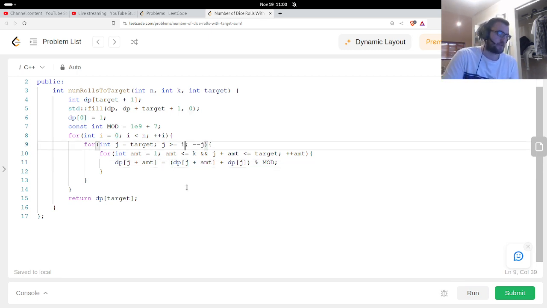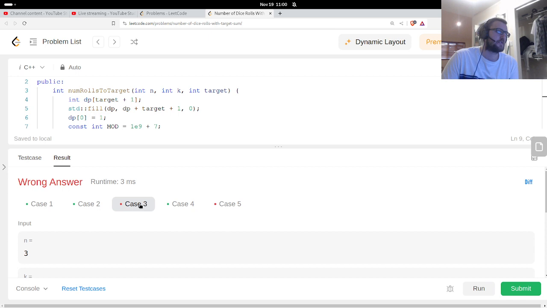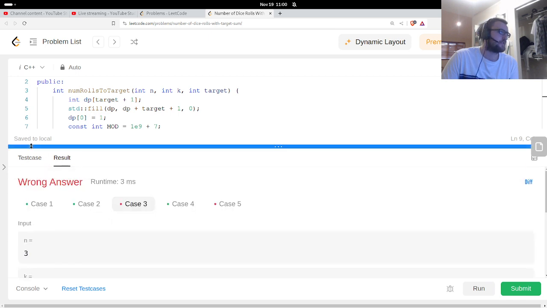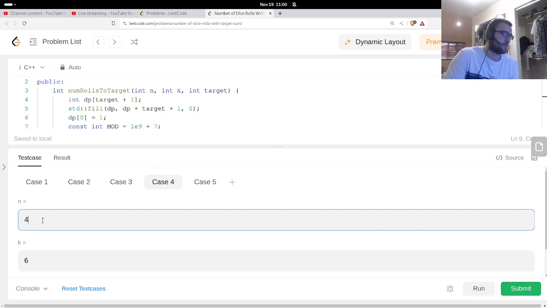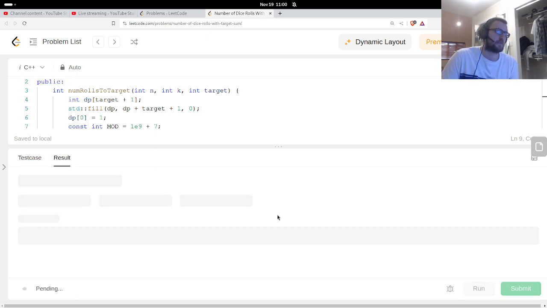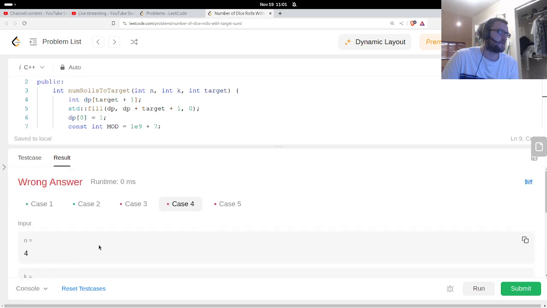J should be greater than I. Greater than or equal to I think. I think that's correct. No, not quite right. Let me make this a 4. I have some things not quite right that I'm doing here. Yeah, the number's too large.